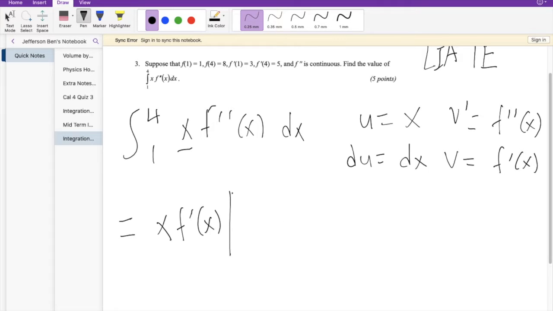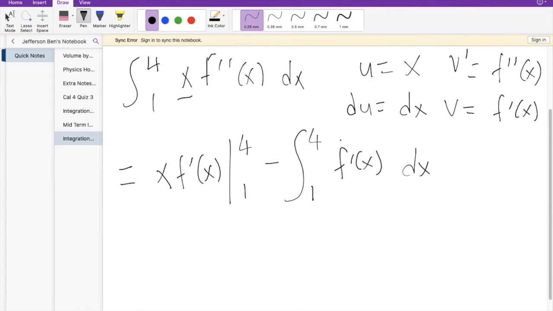You don't combine all the 4 and 1 in one equation. Then you write minus the integral of v du, which is f prime x dx, and remember here it has 4 and 1. We haven't solved this one.